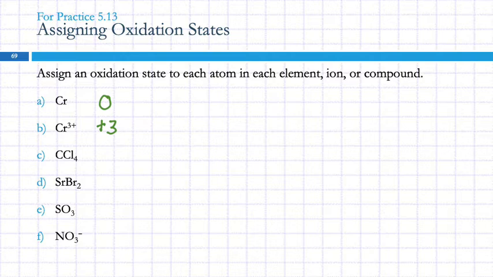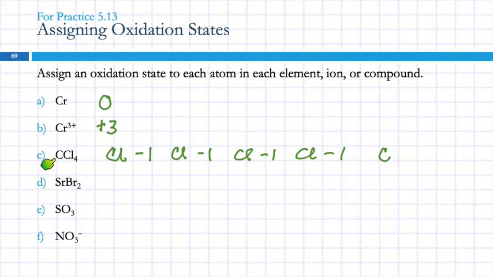What would group 7 take as a charge for an ion? -1. So the chlorine has a -1 oxidation state. There's 4 of them. And then there's carbon.